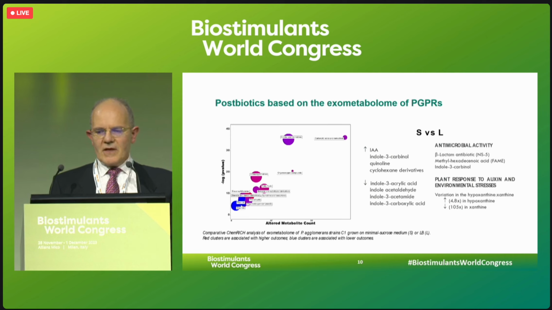What appeared was that the production of antimicrobial compounds and the production, for example, of hypoxanthine and xanthine could be changed by varying the culture conditions. That means that you can prepare a product mixing metabolites obtained under controlled fermentation conditions on different media, just to have a cocktail of molecules that can in some way be applied as a biostimulant.